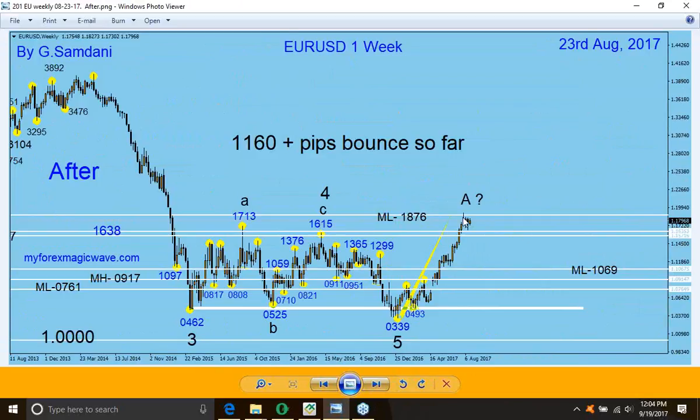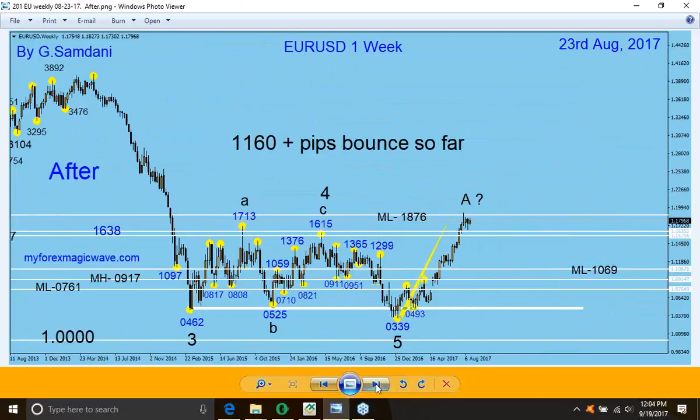My target was higher than that. That was 2041, and we touched that. Okay, by mistake I got this chart, but my target was here, 2041, and we hit that, and now we're going to drop. All right, and this system is so accurate and so precise.